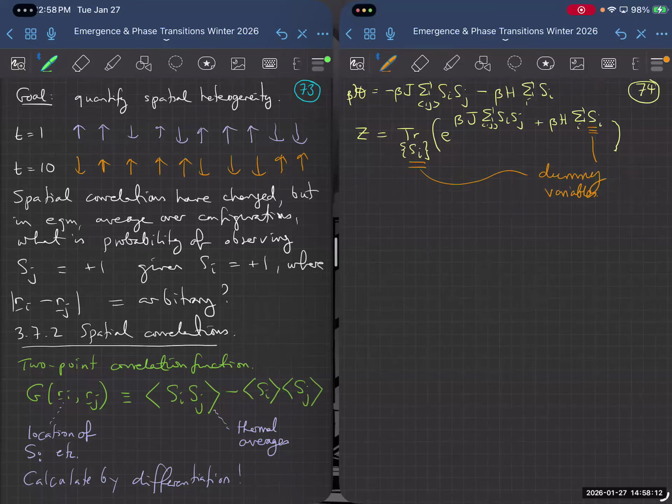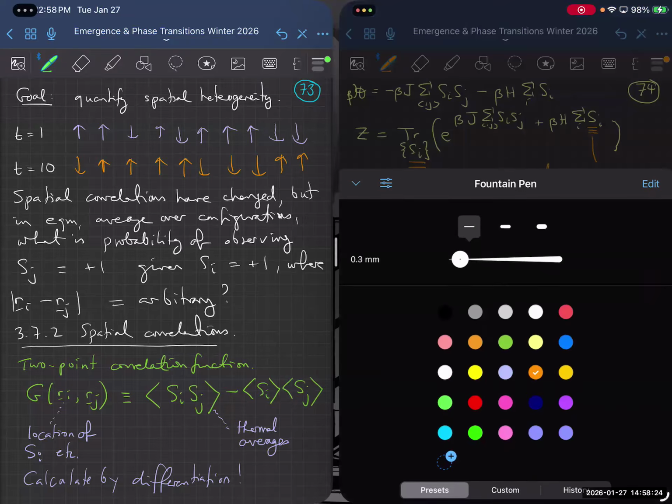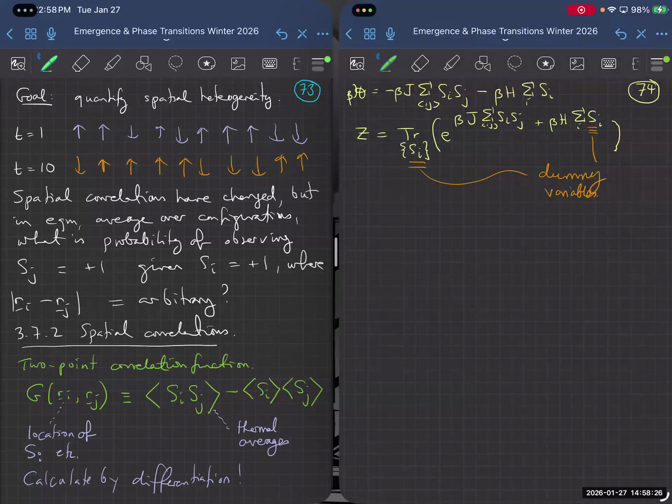Okay, so if I were to ask the following question, then, so this is just recapping what we did before. Suppose I want to compute the following: the sum from i equals 1 to N of the expectation value of S_i. How do I get that?